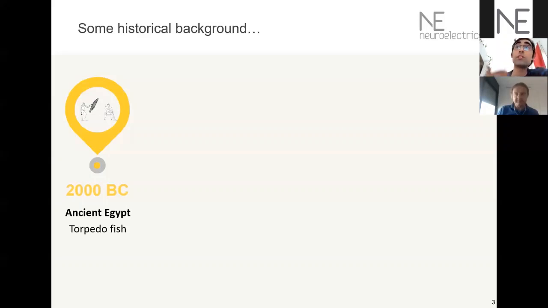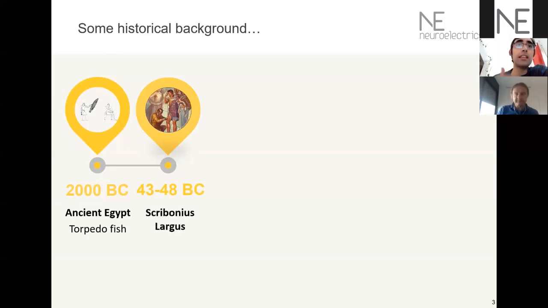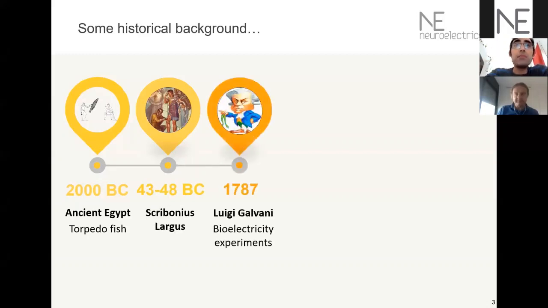And they would use the electrical discharges it produces to help patients with these problems. Then the Romans described this process as well. And many years later, Luigi Galvani did a very famous experiment.